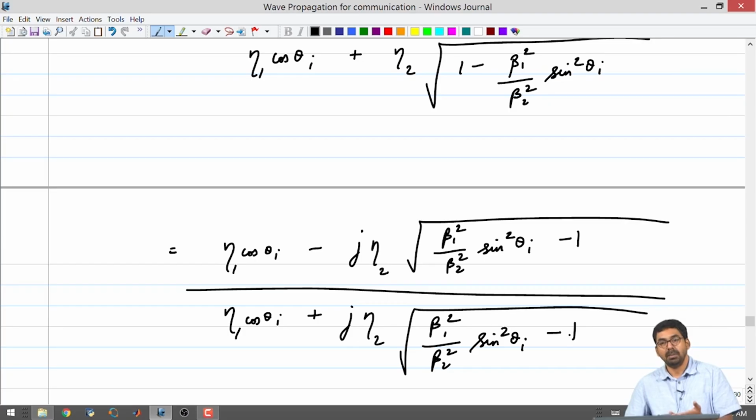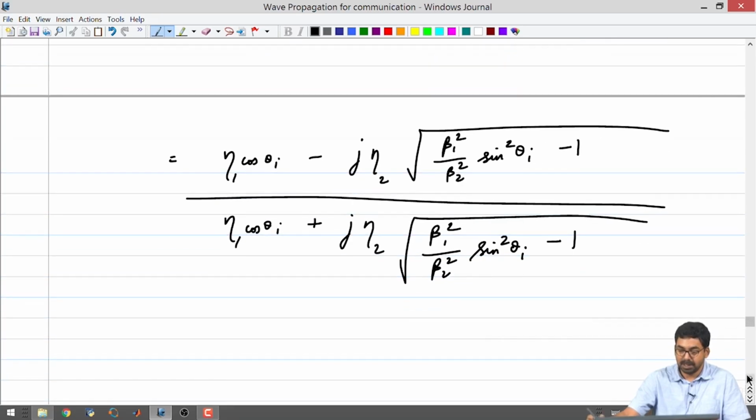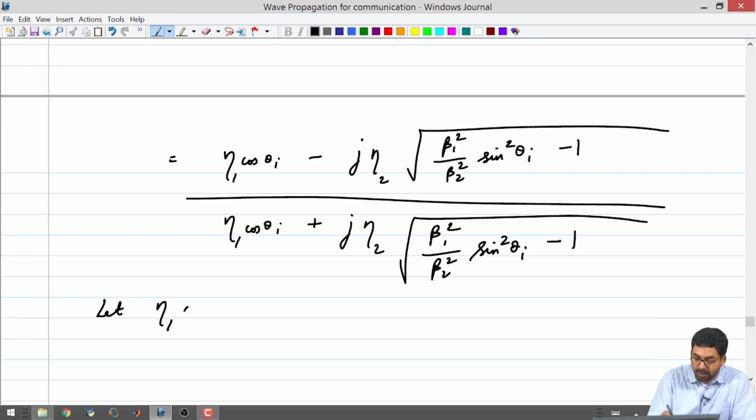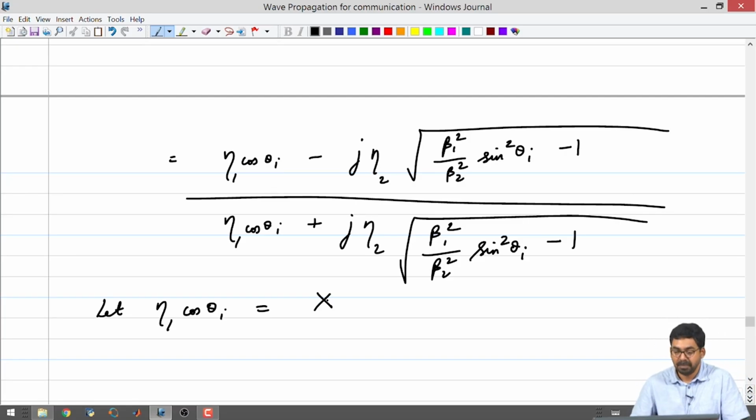There is a reason for doing this, alright, and the reason is because I want to make some inferences from the value that I would ascertain, which is coming from here, alright. One of the things that I know now clearly looking at this is, to make this expression a little simple, I could say that let eta 1 cos theta I be given a variable name x, okay.